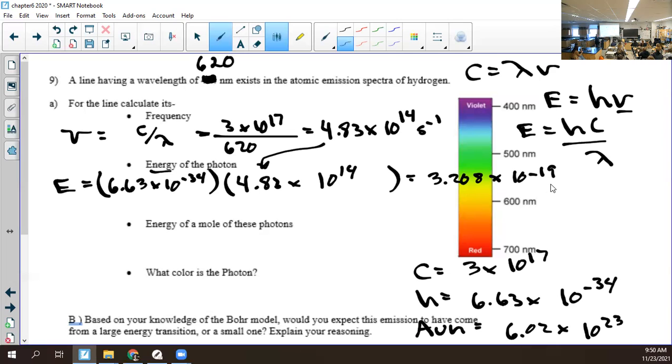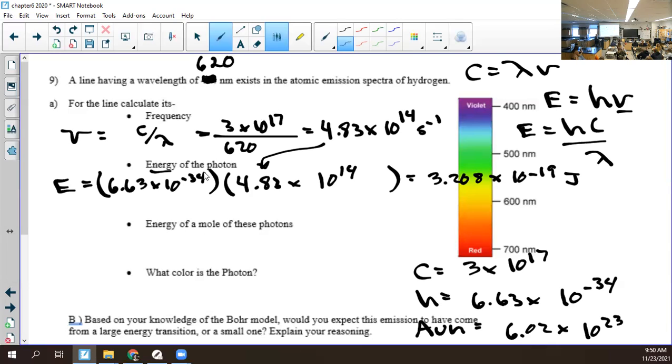What's the unit for energy that we learned just a little bit ago? Joules. If you didn't know that, the units of H are joule seconds. So the seconds on top and the seconds to the -1 of frequency cancel out and you're left with joules. You could figure it out based on the units.